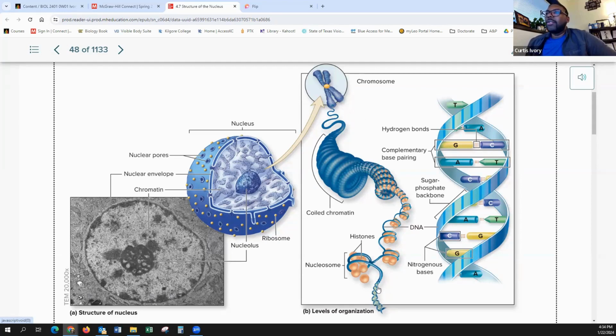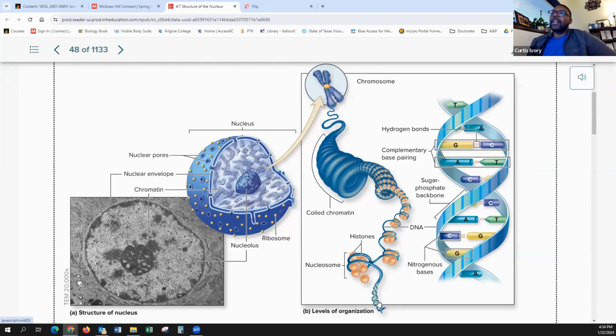If you look down here, you see all these threads wrapped around these histones, also called an octamer, because there are 8 different proteins that they're wrapped around. When you start wrapping them around each other and making them coiled or supercoiled, it makes a chromosome. But if you unravel it, it just makes this really thin string that sits in here.